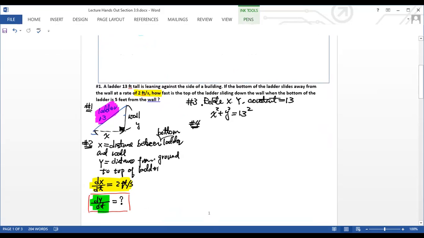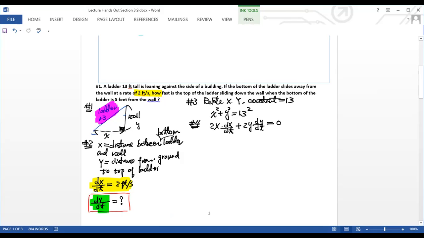I know x is a function of t, so when you take the derivative, this is 2x, but x is related to t, so by the chain rule I need dx/dt. Then this is 2y, and here dy/dt. And this is a constant, so the derivative is zero.